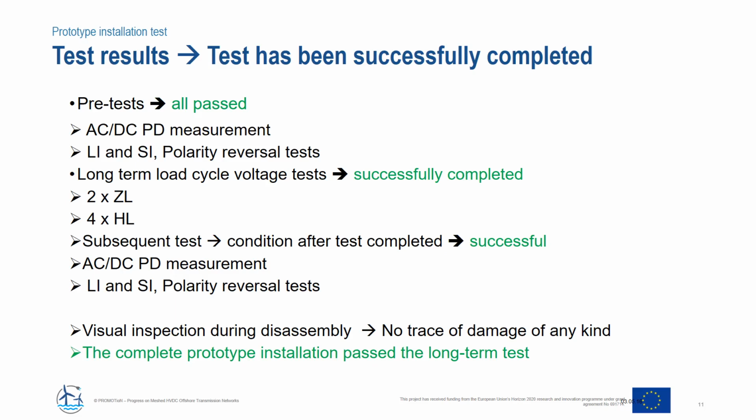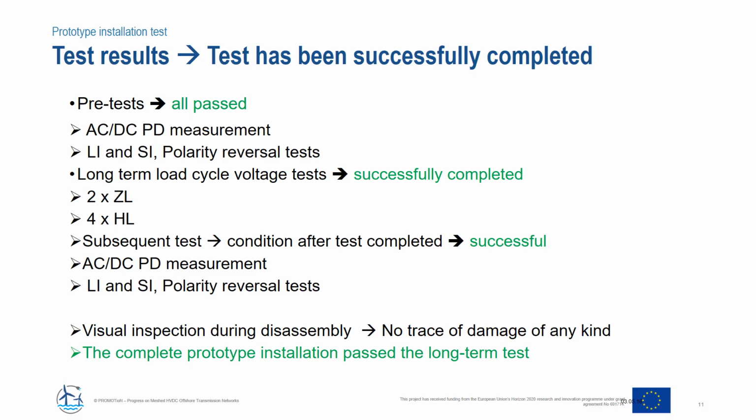At the pre-test, as I mentioned, there are different measurements: partial discharge measurement, also application of lightning and switching impulses. During the long-term load cycle tests, twice zero load and 4 times high load has been performed, and also twice load cycle has been performed, which were successfully completed.